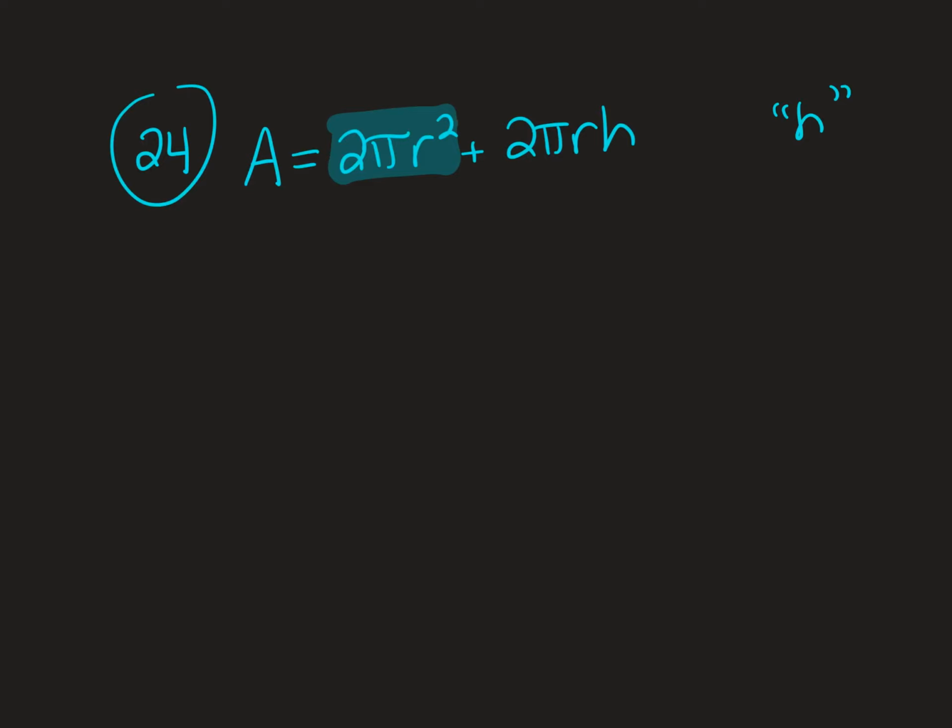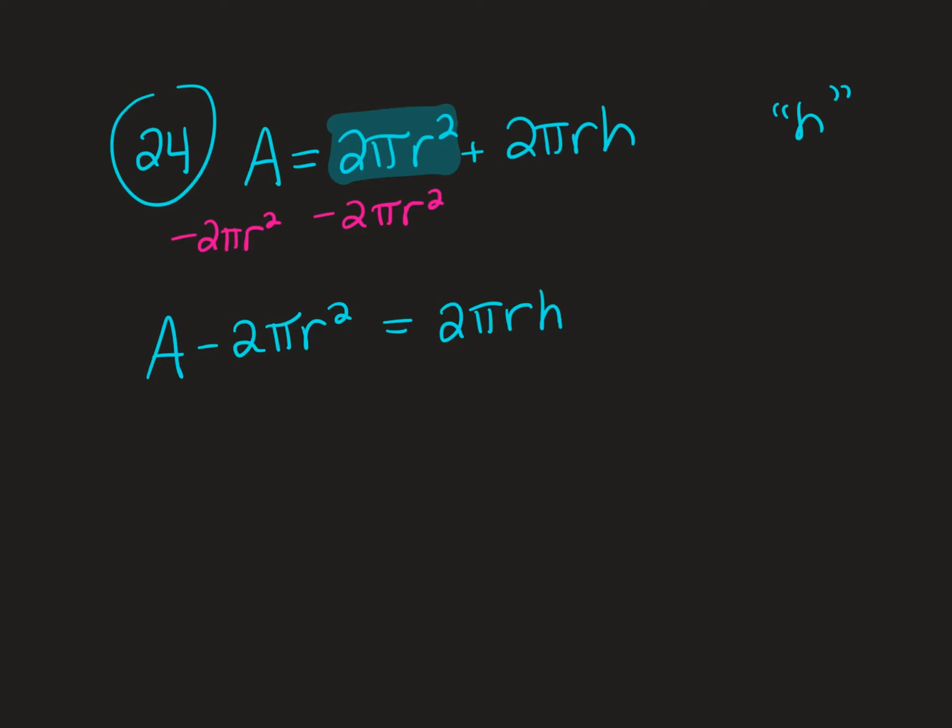So to undo things, the first thing I'm going to have to do is subtract 2 pi r h from both sides. So that's going to give me an expression that looks like this, equals 2 pi, and I think I was saying 2 pi r h. It should have been 2 pi r squared. I apologize. So we subtract that 2 pi r squared from both sides, and now we've got it a little bit better.